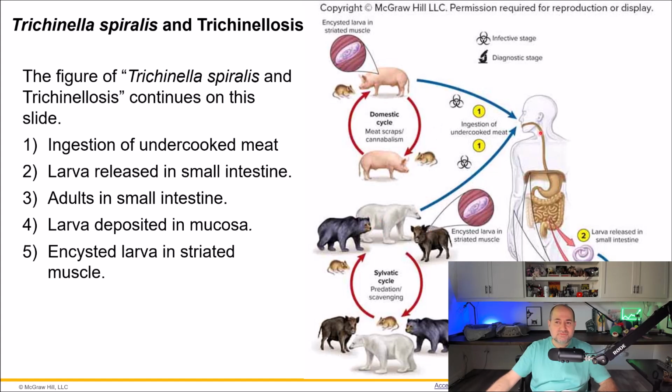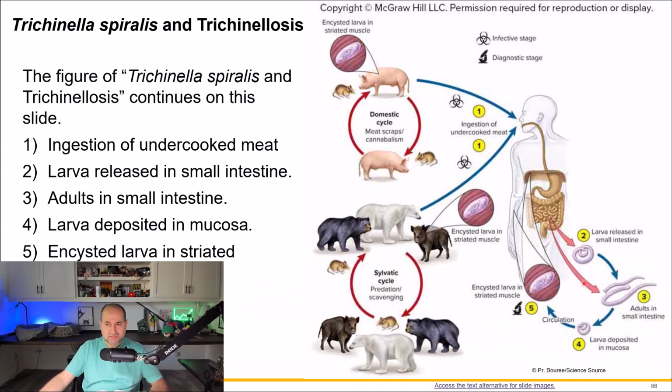When you do ingest that meat, usually you are ingesting the cysts of Trichinella. Larvae are then released in the small intestine. Adults form in the small intestine, and then larvae are deposited in the mucosa, and you could end up with encysted larvae in your striated muscles.